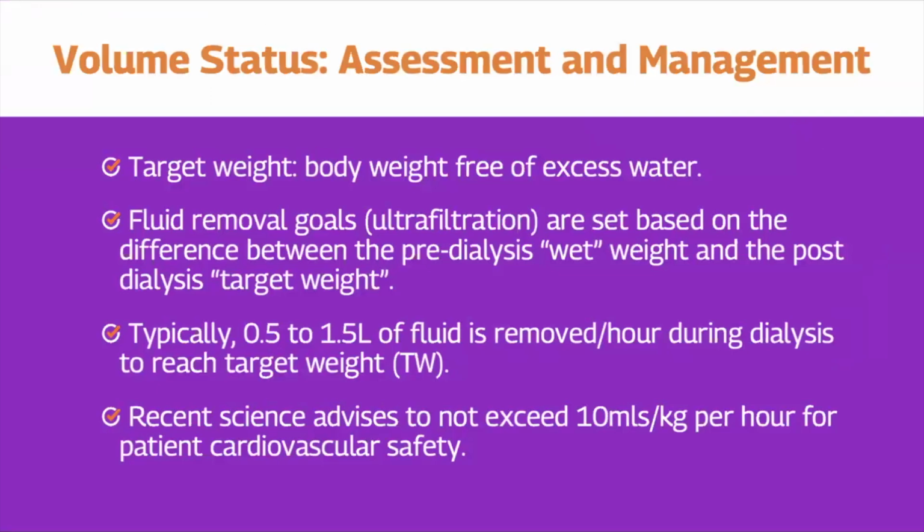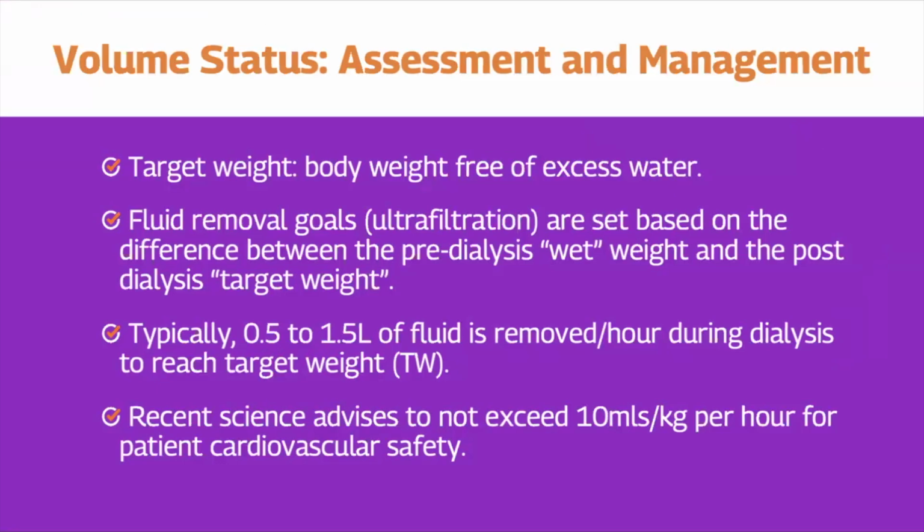The patient's weight is measured before and after every treatment at the dialysis center. So that target weight is our goal to meet the patient's body weight free of excess water.